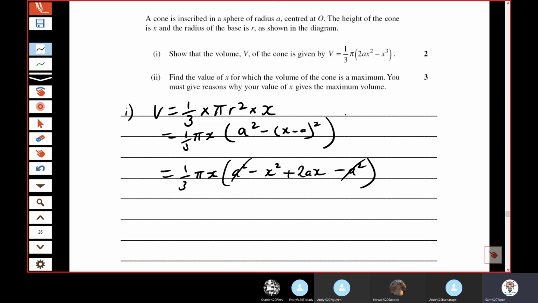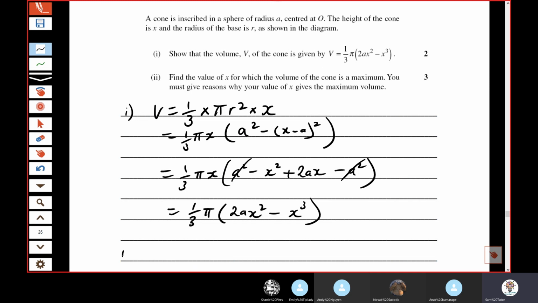This and this cancel. I think we're done. Bring the x in, one third pi. I get 2ax squared minus x cubed. Cool.